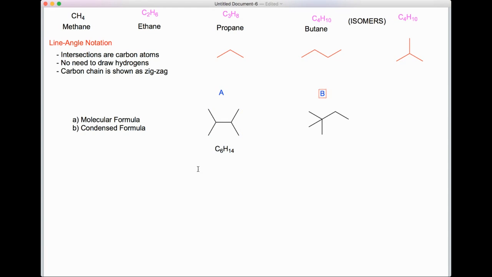Condensed formula. The carbon chain, I'm gonna color code the main carbon chain. The main carbon chain is the longest carbon chain. In this case, I'm gonna pick this one. It doesn't matter in this case because it's the same, but the longest carbon chain is the main carbon chain. So that's correct, Fariha.